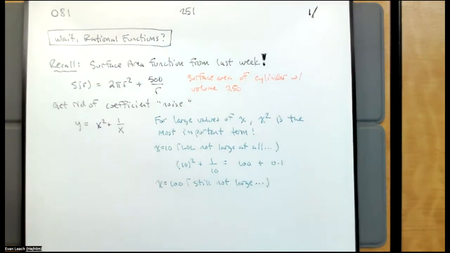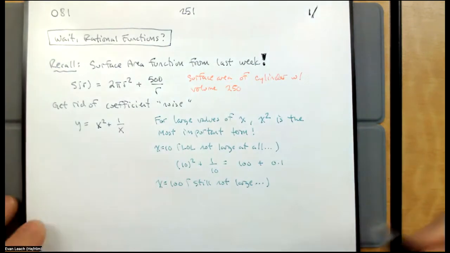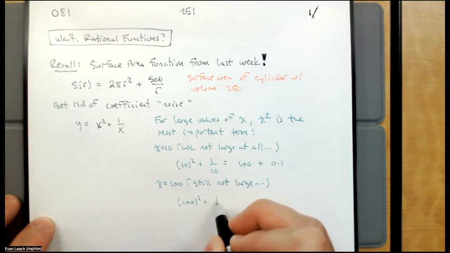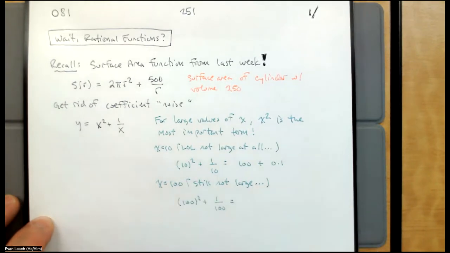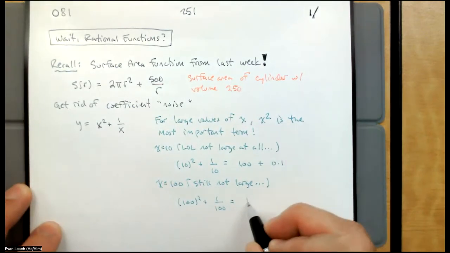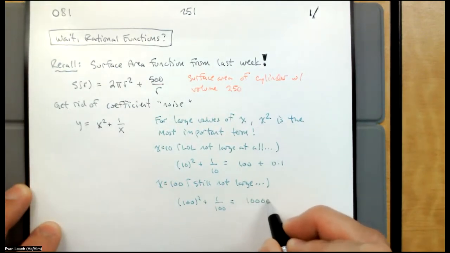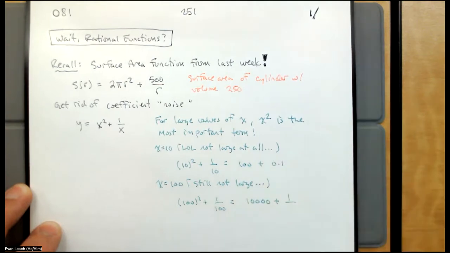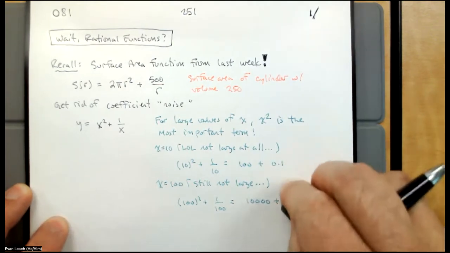For x equals 100, which is still not a very large number when we're thinking about what happens when x goes to infinity, we've got 100 squared plus 1 over 100. So even just going out a factor of 10, our x squared term is now at 10 to the fourth, and our 1 over x term is even smaller at 0.01.